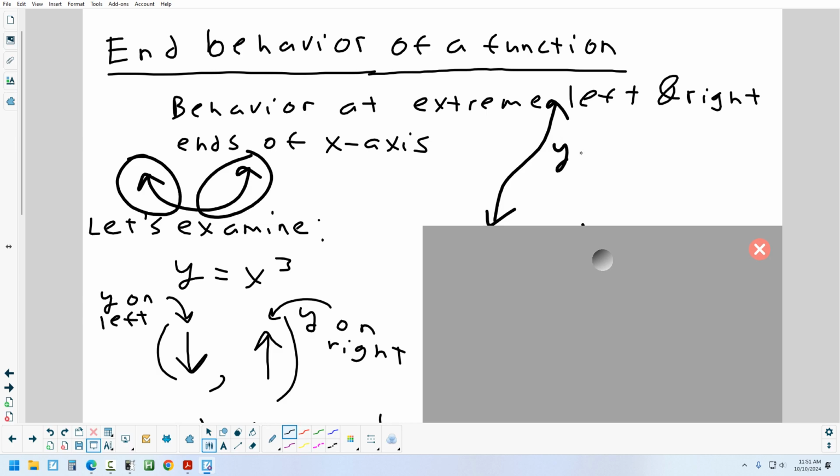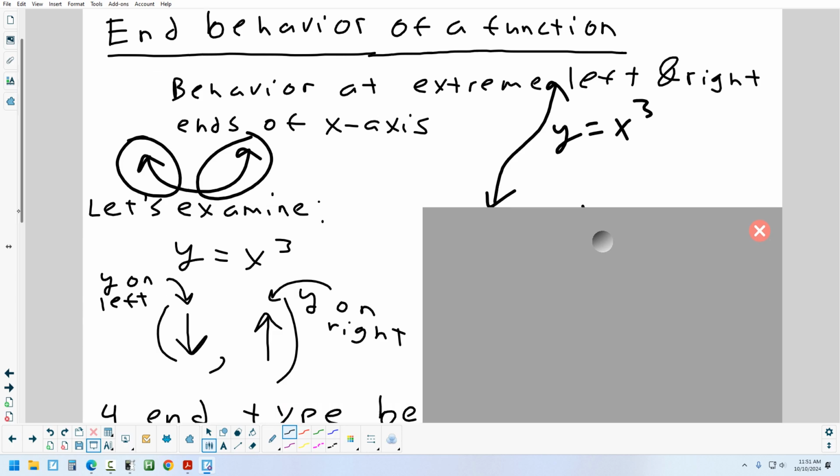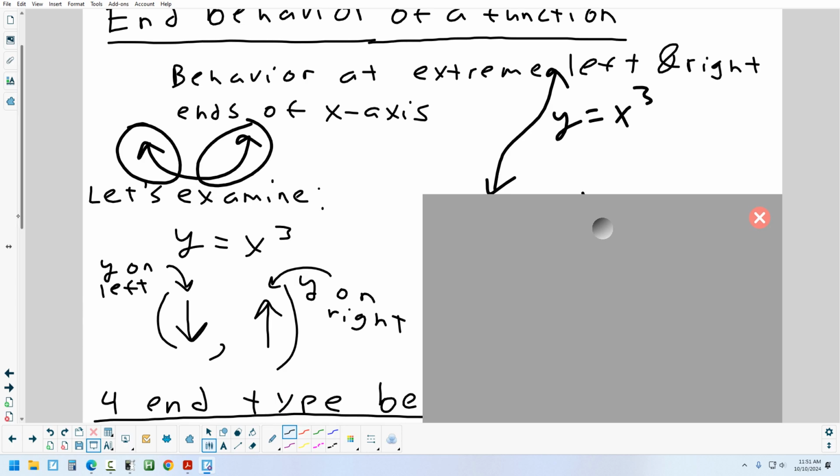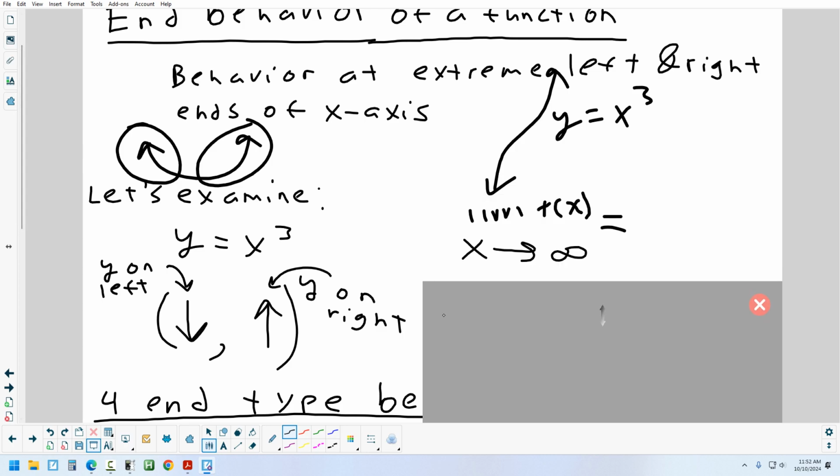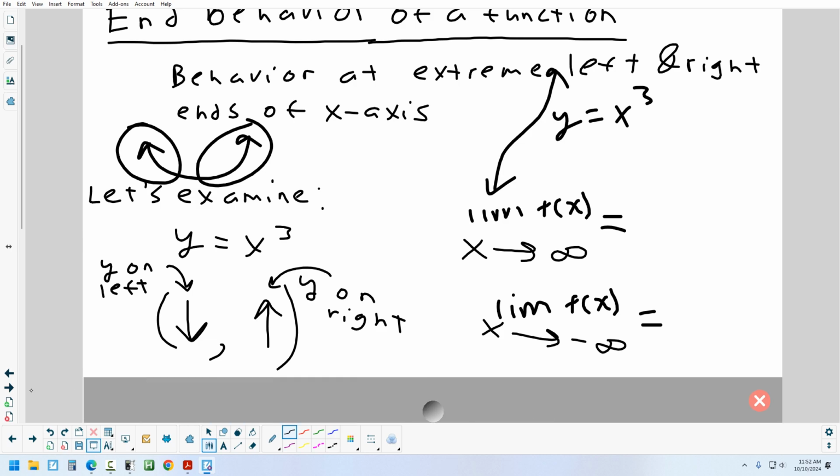So the way that you would describe this graph is you would say that the behavior is down on the left and it is up on the right. That's one way to describe it with arrows. Now the other way to describe it is more in words, rather than drawing this picture. When you describe it in words, you have to write 2 things.